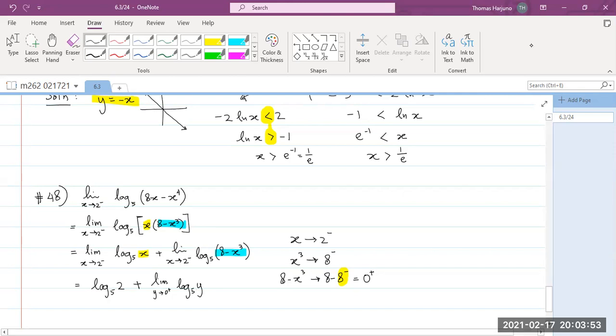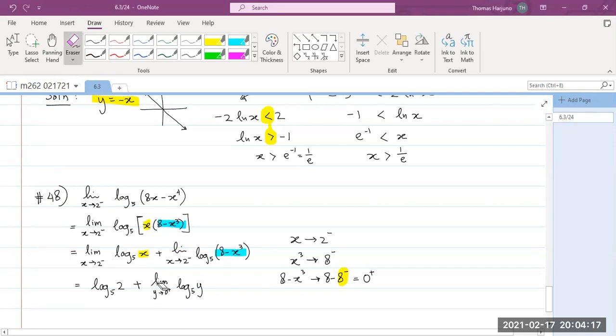Thomas, if I may, this is one of the ones that I had a question on when I was watching the lecture video. I was still a little confused as to why we had to convert it. Why did we change it from the limit as x approaches 2 from the left side to y approaching 0? You don't have to.